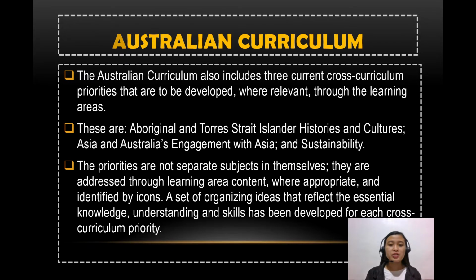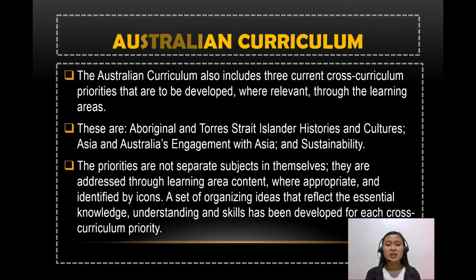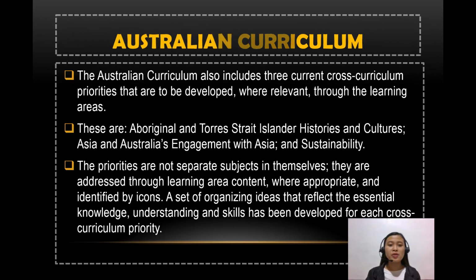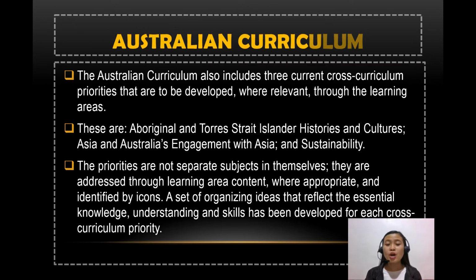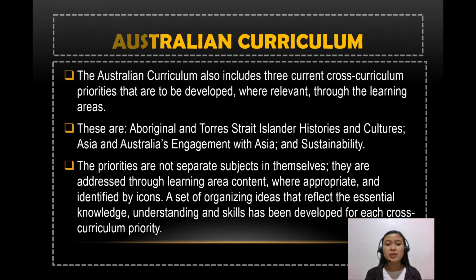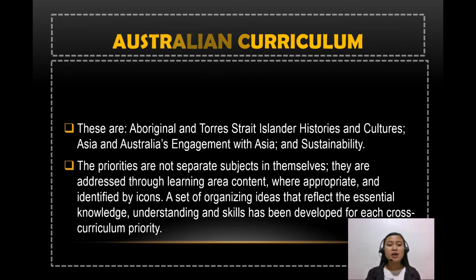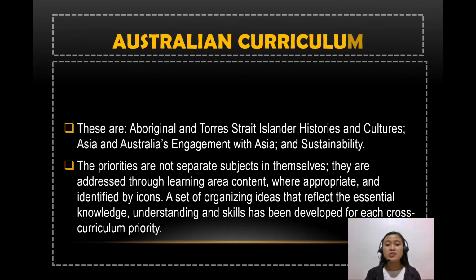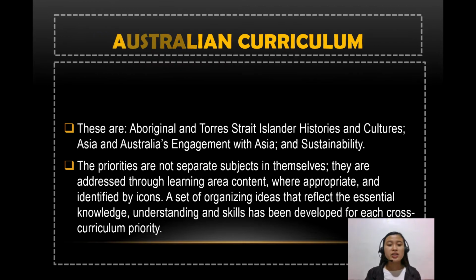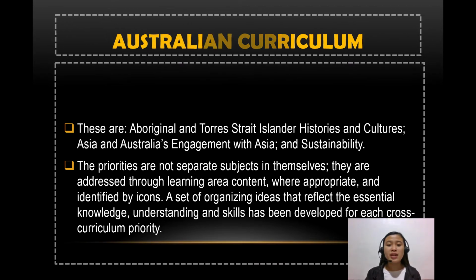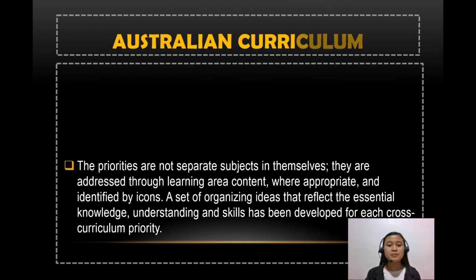The Australian curriculum also includes three current cross-curriculum priorities that are to be developed where relevant through the learning areas. These are Aboriginal and Torres Strait Islander histories and cultures, Asia and Australia's engagement with Asia, and sustainability.